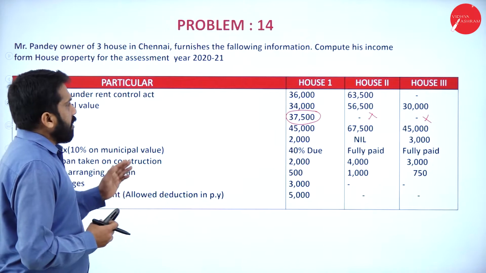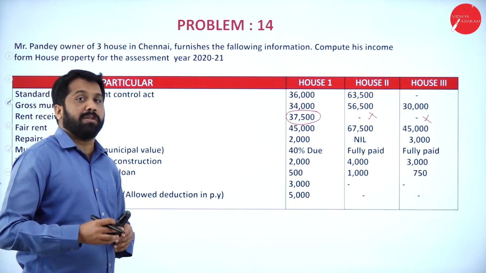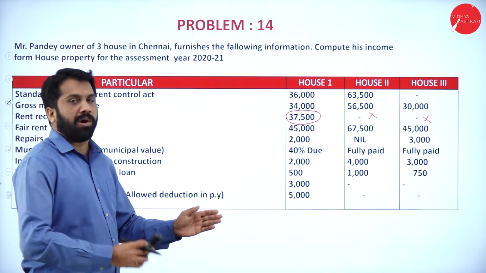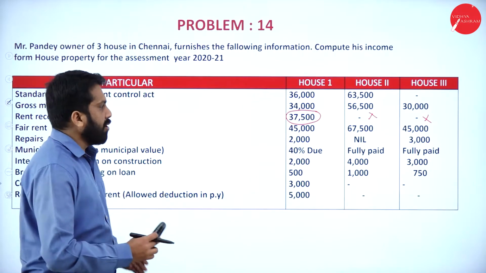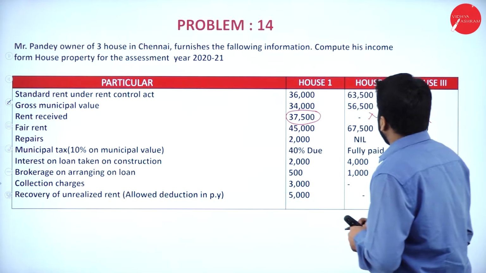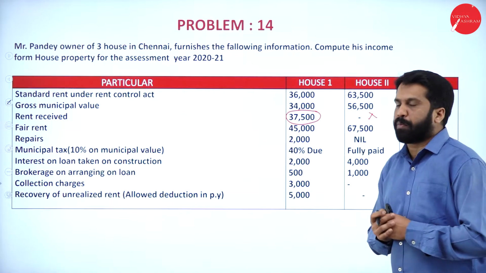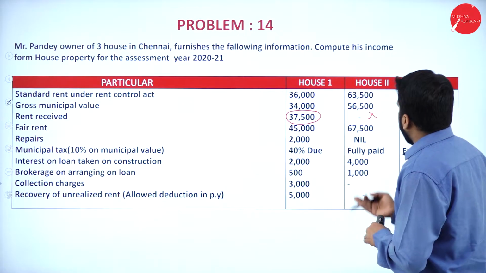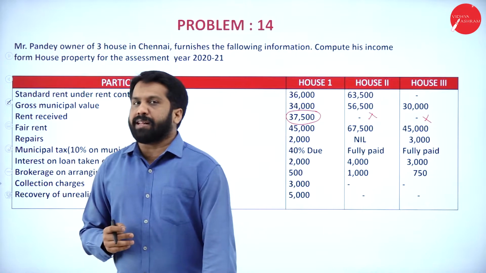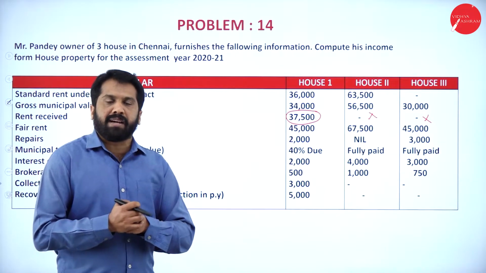Now, what we can consider, which will be self-occupied, which will be let out, and which will be considered as no calculation. There is no calculation. Now, remember, the second house we can call as self-occupied because the numbers are higher compared to house number 3. Why am I doing like this? Remember, it is an option for the assessee.